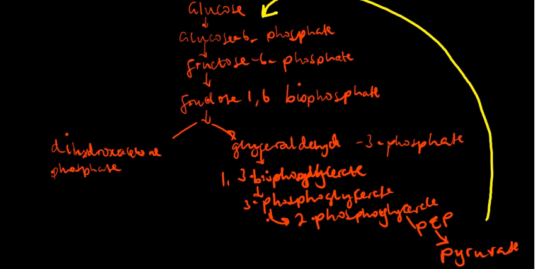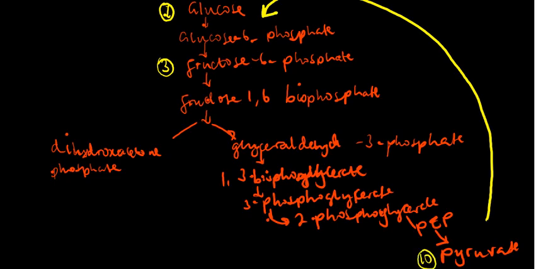Now, however, like I said, we have 3 irreversible reactions that need to be circumvented, meaning they need to find their way around, in order for this whole process to go back to glucose. One of them is reaction number 1, where we have hexokinase as the enzyme. Then we also have PFK1, and pyruvate kinase.